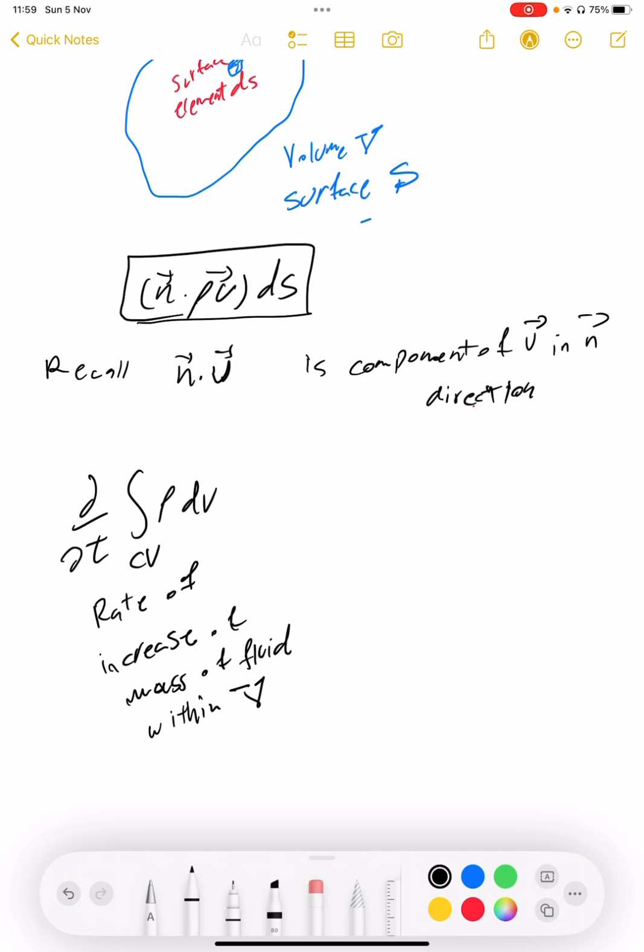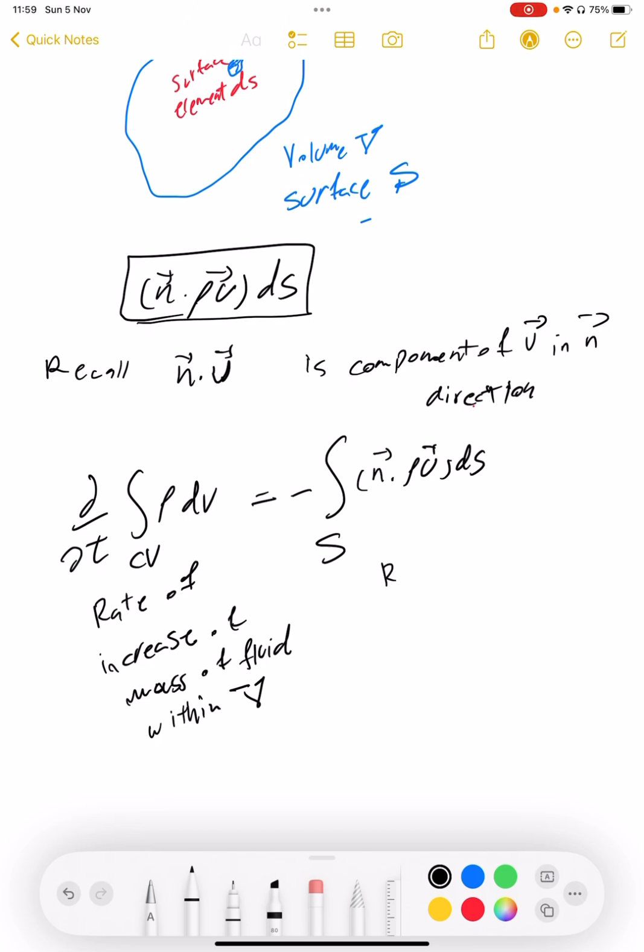So this is going to be equal to the amount of the fluid which is coming across my cross sections. So for a tiny dS, I showed you that this is going to be n dot rho u, the inner product of that, times dS. If I integrate it over my surface, this is the amount of the fluid which is coming inside my control volume.